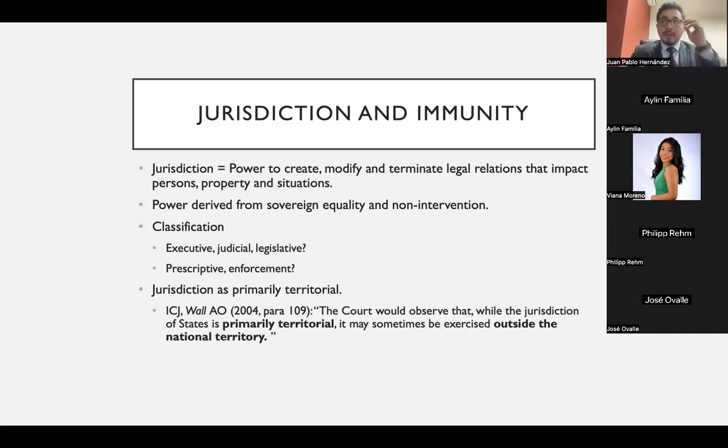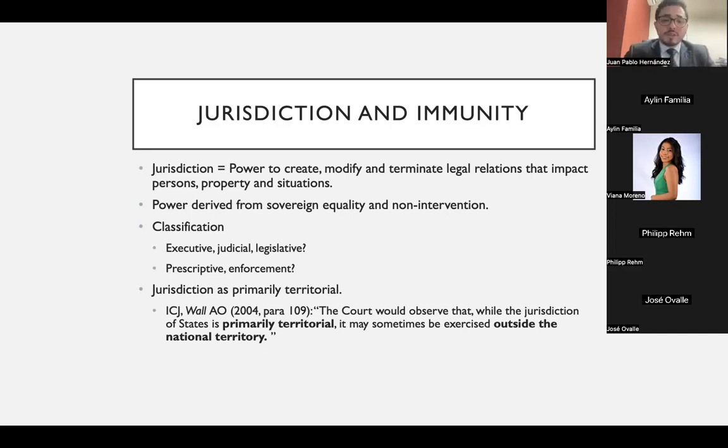And you will see that this classification is not only very well accepted in the international literature, but it is also a very helpful classification when one addresses the issue of immunities from jurisdiction, which are also, from a general theory of immunity, divided into jurisdictional immunity and executive or enforcement immunity, or as it is also called, immunity from execution. And so it is this classification between prescriptive jurisdiction and enforcement jurisdiction that is most helpful in this respect.